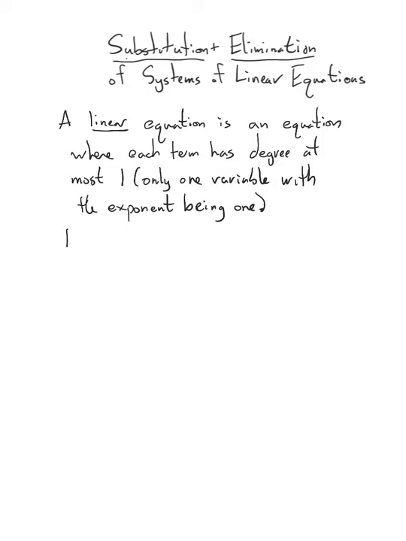Let me give you a couple of examples and then some non-examples. So something like y equals 3x minus 4. Well, this term here, y, has one variable. It's just y. And the exponent is, of course, just a 1. If there's no exponent, it's implied to be 1. 3x, that term has exactly one variable, x, and the exponent is 1. 4 has no variables, but that's fine.